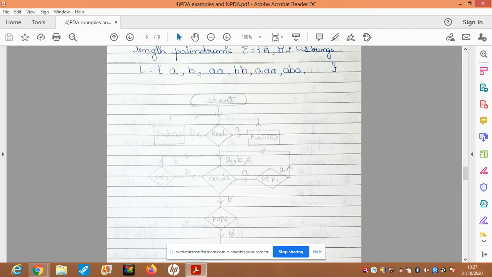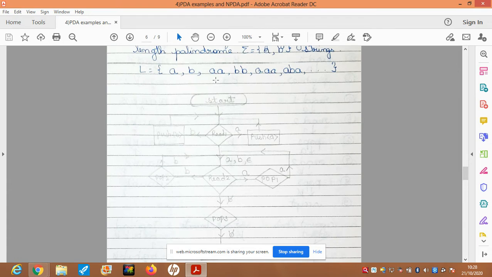Now, if we consider an odd length palindrome string, there is always a central element present. Either it will be an A or it will be a B. In case of an even length palindrome string, we consider epsilon to be the central element.